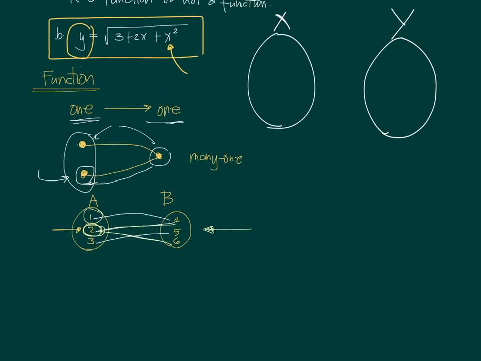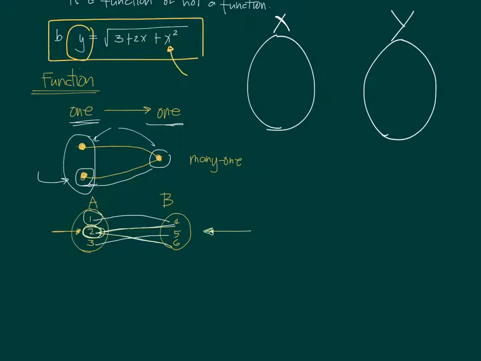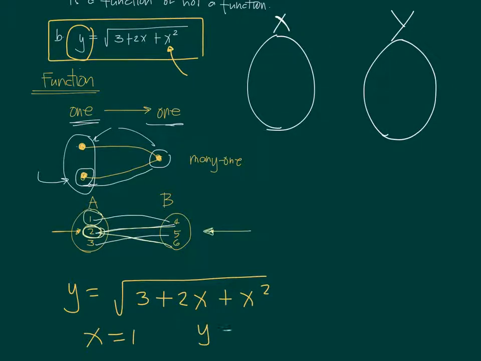So we have y equals the square root of 3 plus 2x plus x squared. Suppose I select x equals 1. Then y will be the square root of 1 plus 2 times 1 plus 1 squared.